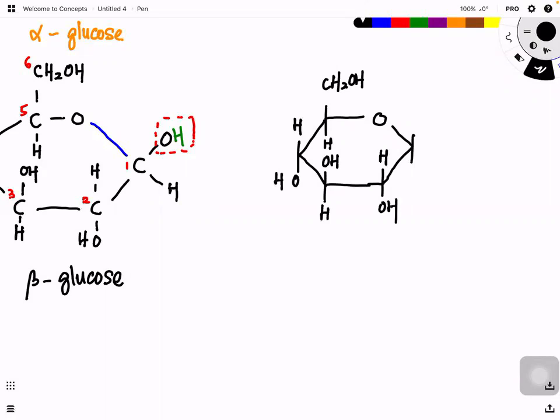Then be careful in this case, OH above the ring for the beta glucose, right? So highlight again with a different color. Sorry. So OH group above the ring, because of the OH group above the ring, we term it as beta glucose. Okay, so far clear or not?